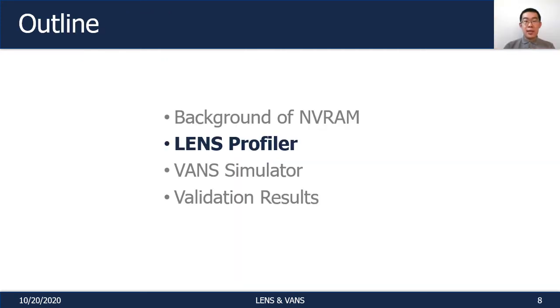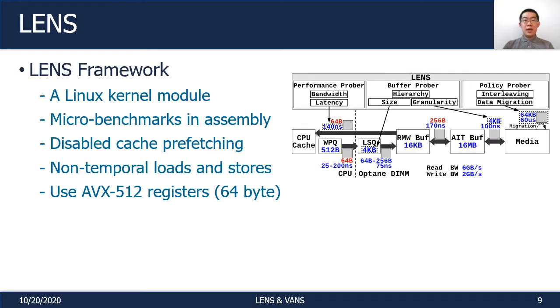Now, let's take a look at Lens design and its profiling results. Lens framework is built as a Linux kernel module to reduce kernel and user space switching overhead. It contains micro-benchmarks written in assembly code to maintain well-controlled memory access. It disables cache prefetching and uses non-temporal load and store instructions to bypass the cache.